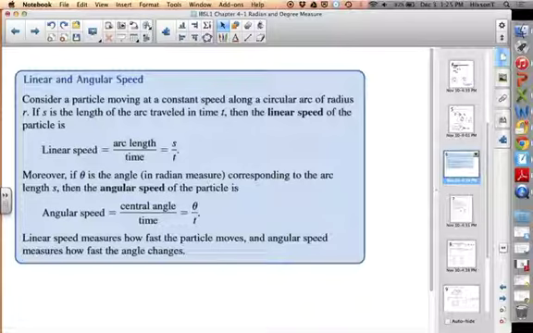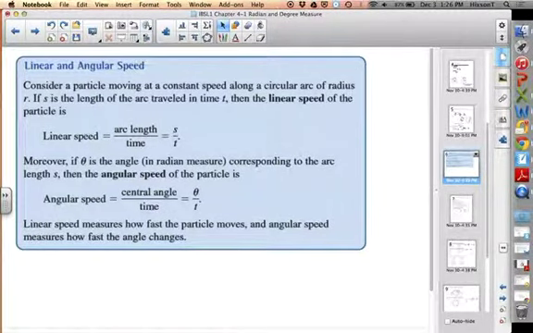How fast is that angle getting bigger, not necessarily the arc length getting bigger. Just an interesting thing I thought I'd point out for those of you who are curious and like to look into some stuff on your own.